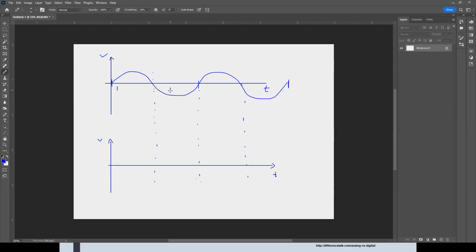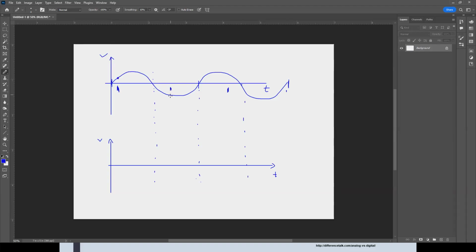So here's another sample. And here's another sample that we're going to take, about the same length somewhere here, and about the same length somewhere here. Okay, so we got a certain value here.